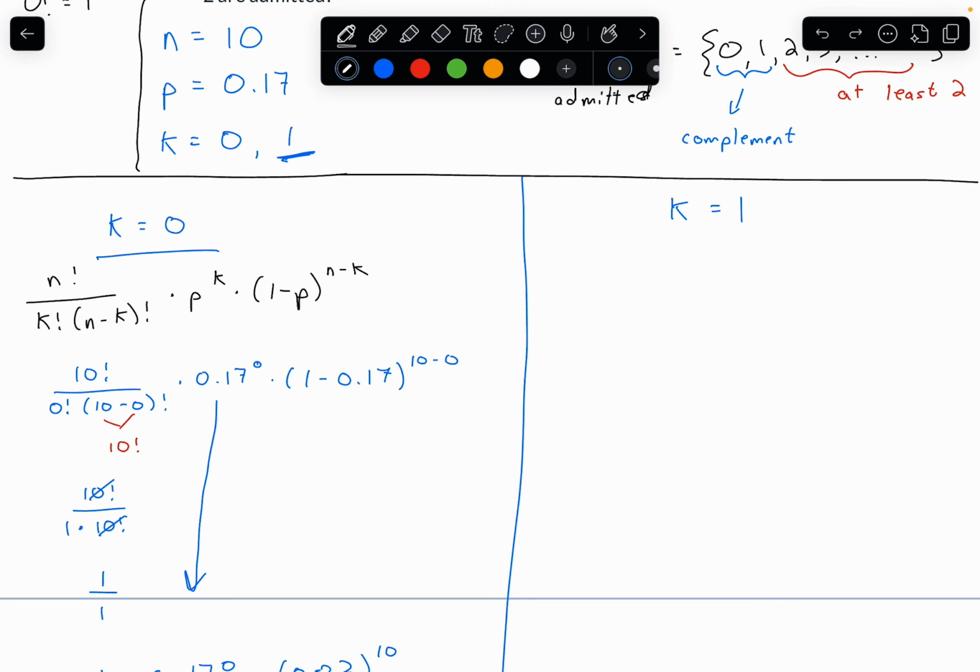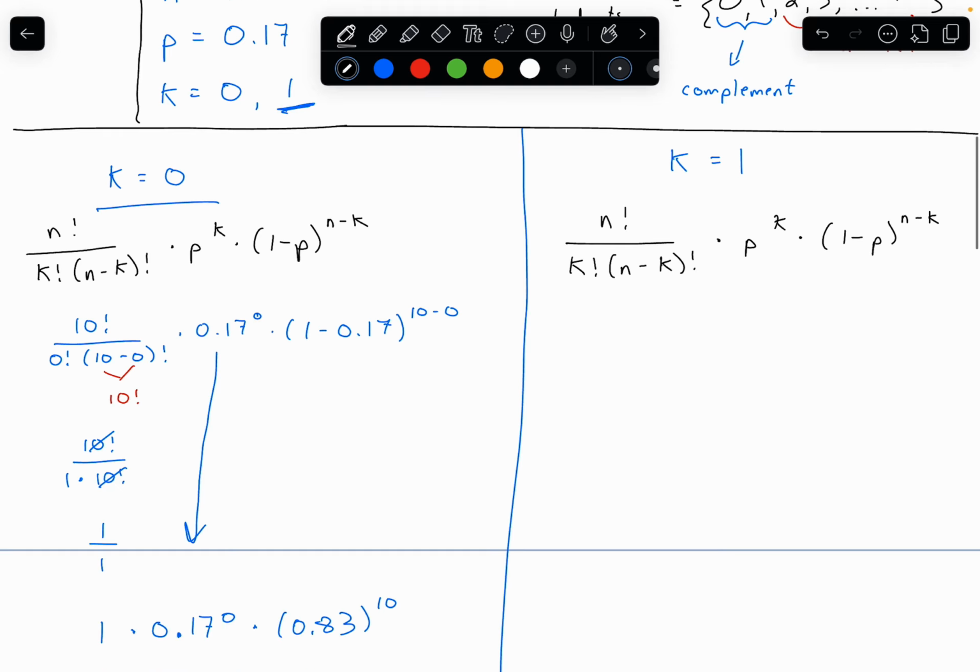So again, using my binomial probability formula, which is n factorial over k factorial times n minus k factorial times p to the kth times 1 minus p raised to the n minus k power.